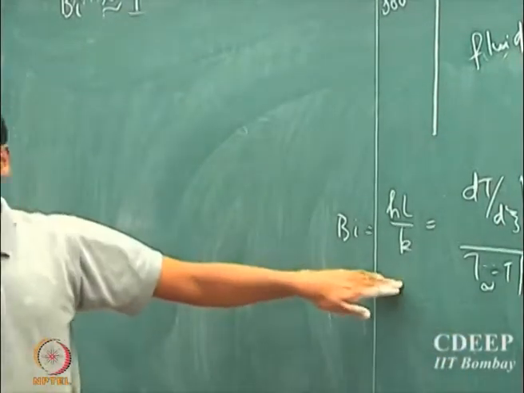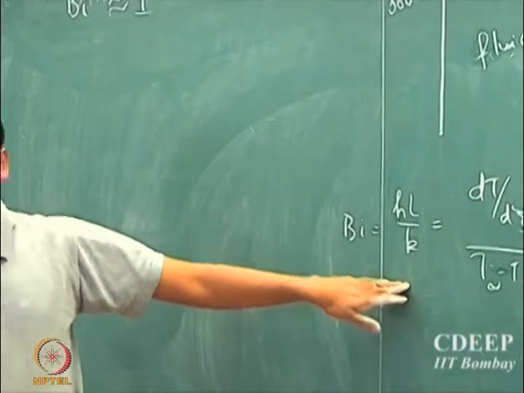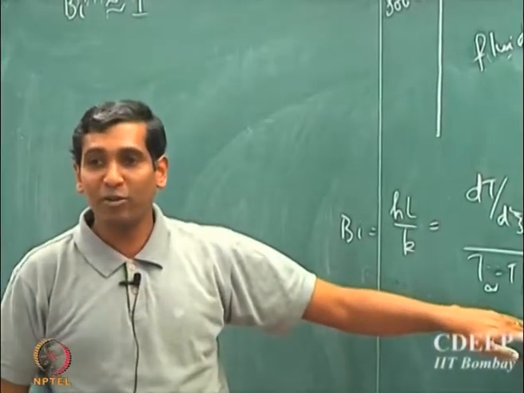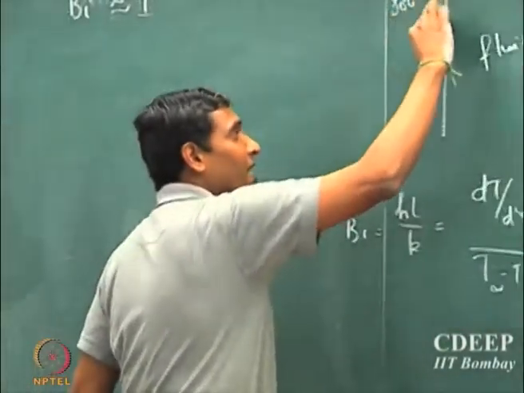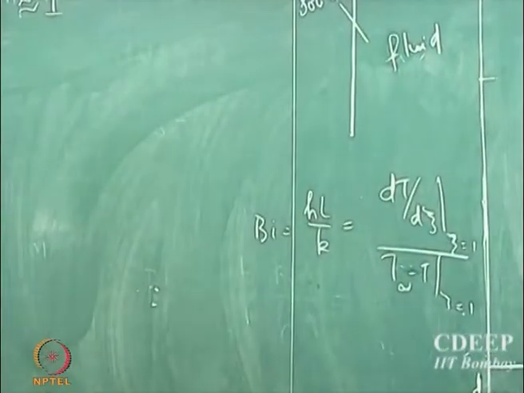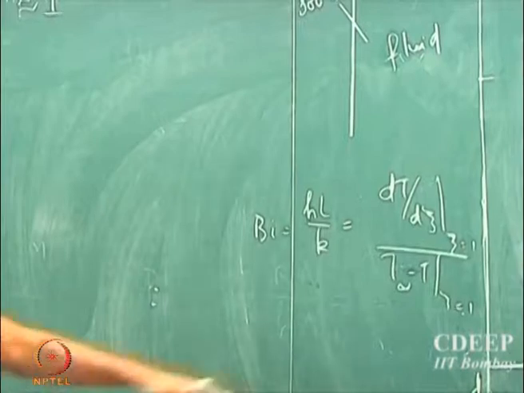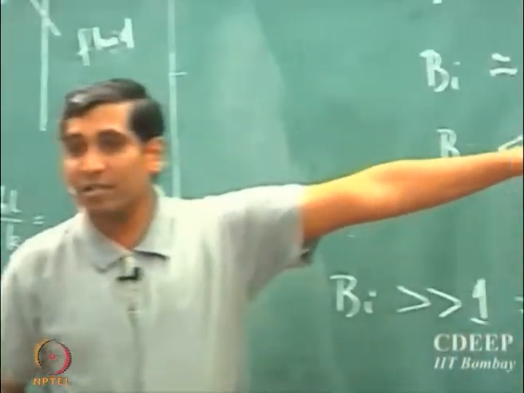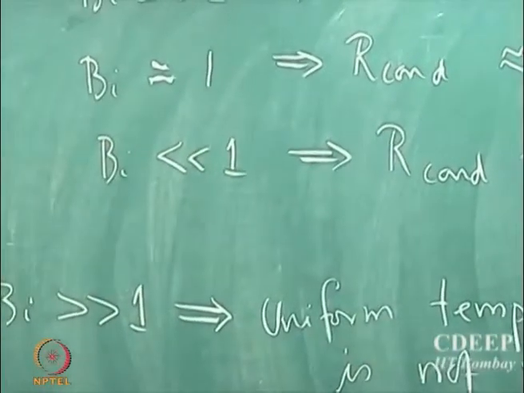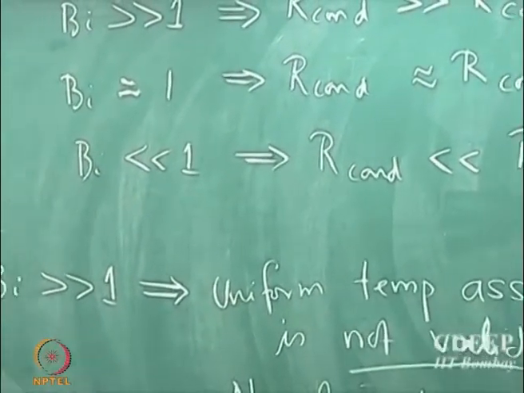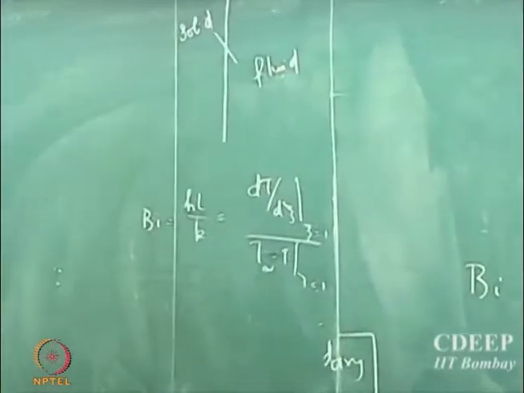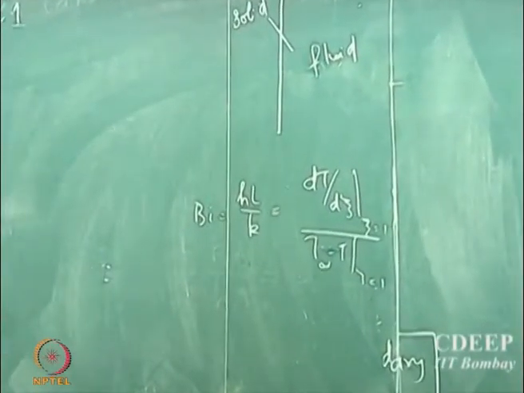So it's not just that it captures a ratio of resistances, it is also equivalent to the ratio of the gradient, temperature gradient inside and temperature gradient outside. Okay. So when resistance to conduction is equal to resistance to convection, there will be a significant amount of gradient and these two gradients will be exactly equal to each other, right.